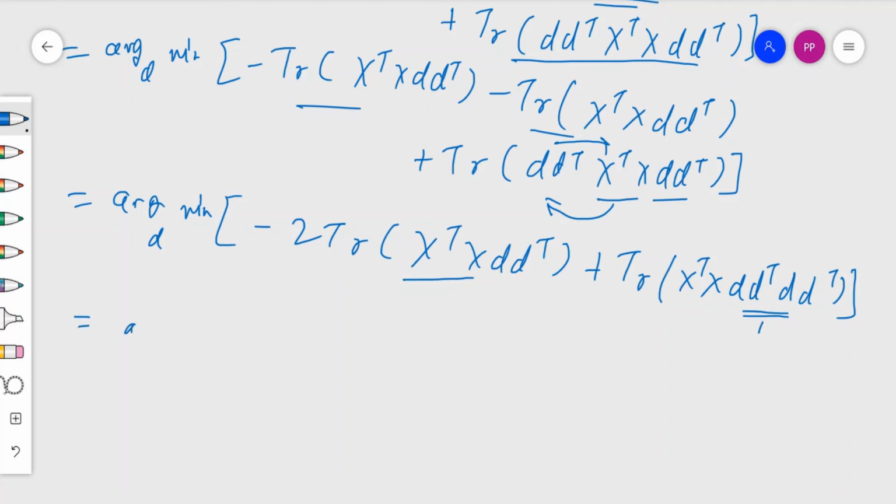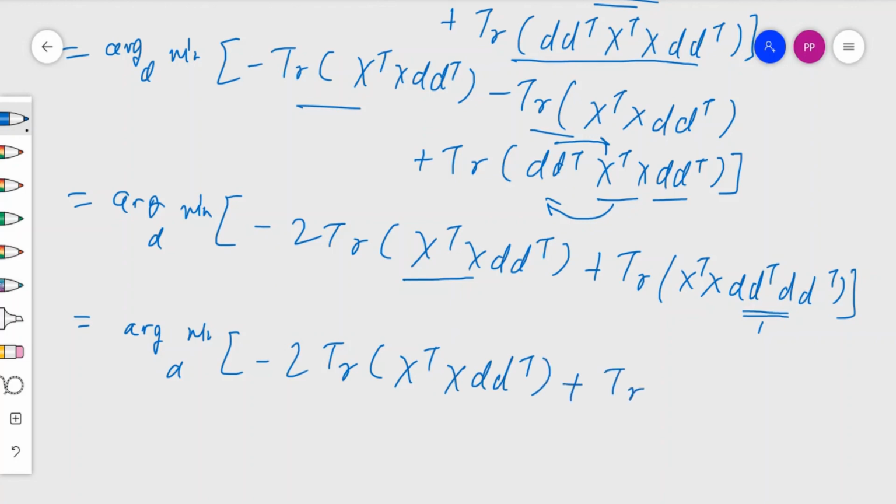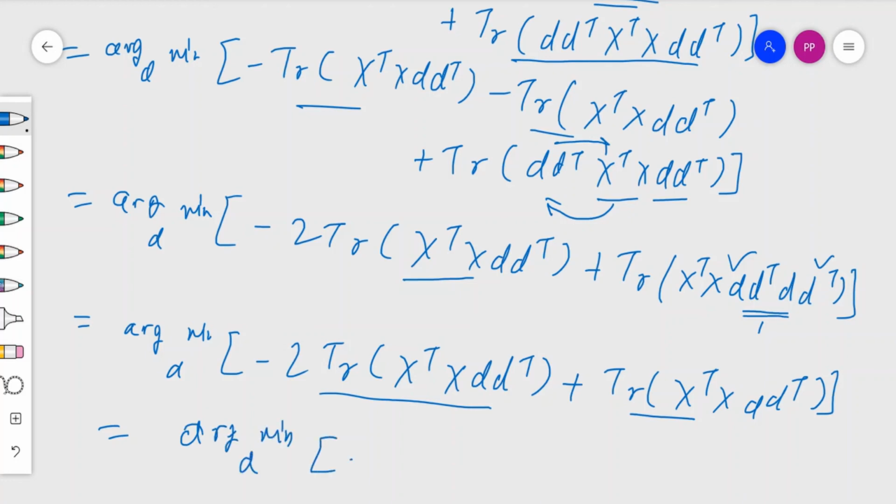So we can write here argument minimum of 2 trace X transpose X D transpose, then plus trace of X transpose X D, this D and the last D transpose together like this. And these two terms are same but signs are different, so we have argument minimize over D minus trace of X transpose X D transpose.